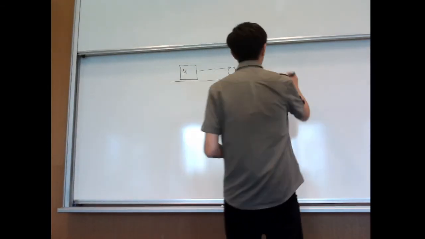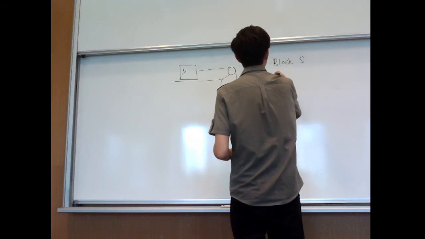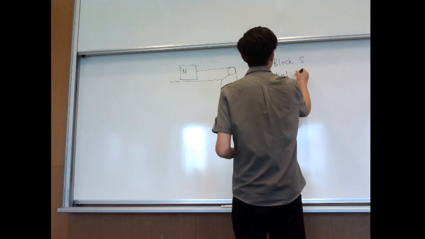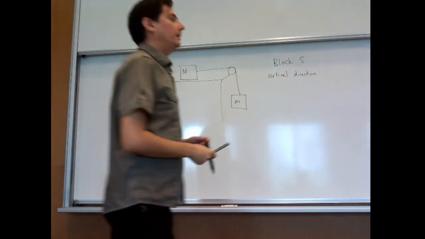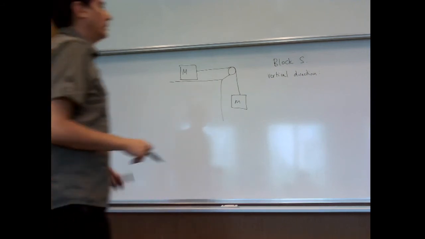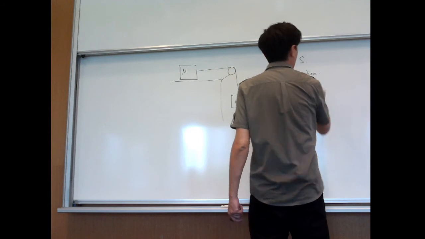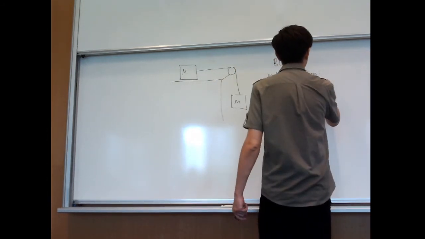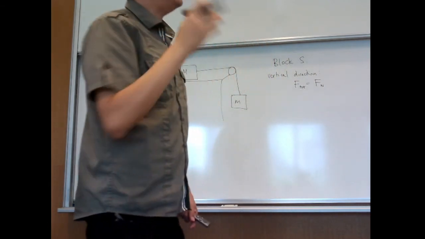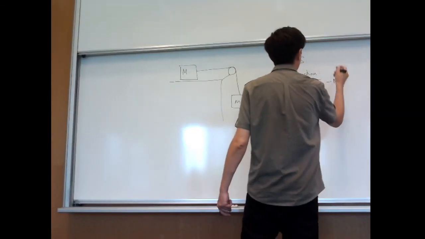So for block S, in the vertical direction, we can write the total force as Fn minus, they say GS, but we basically already know it's mg.